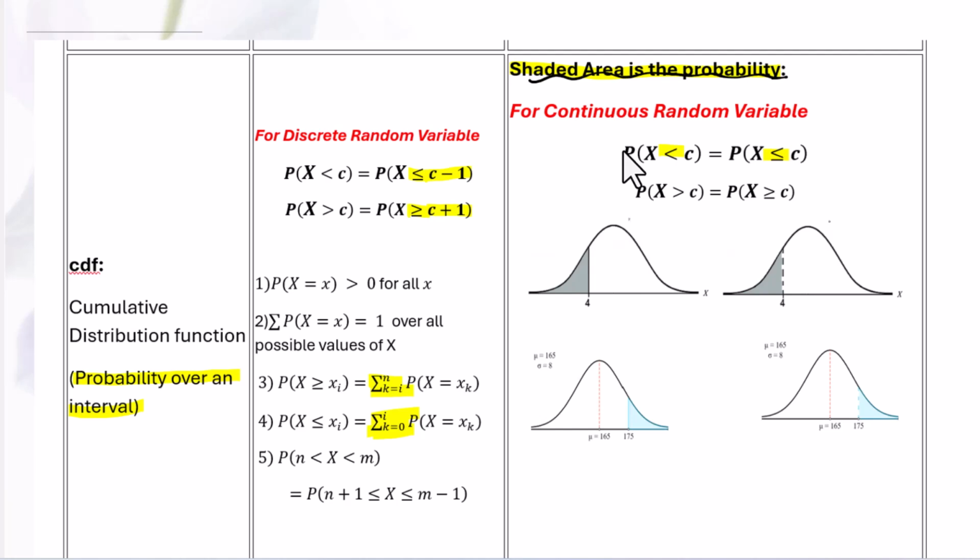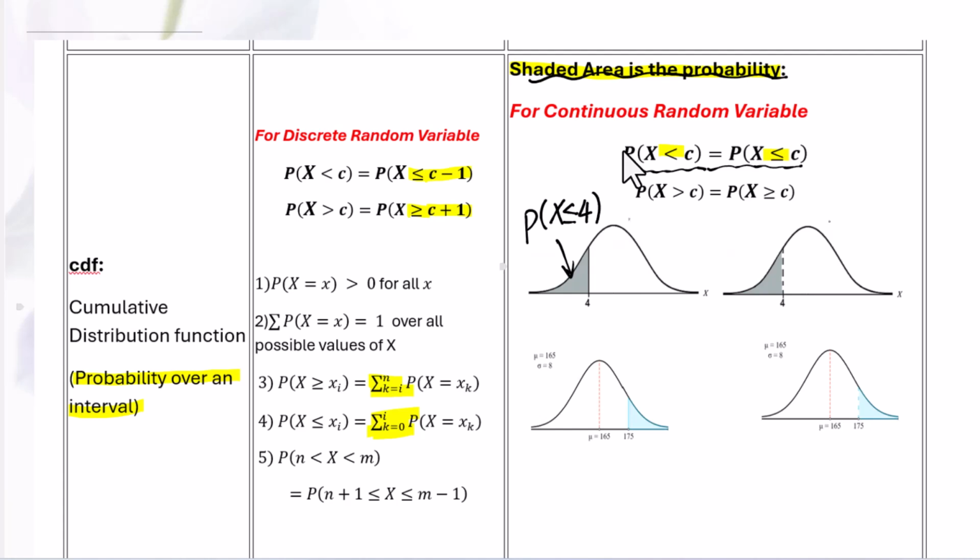So we have the probability of x less than c equals the probability of x less than or equal to c. I'll show you why now. For this normal distribution, the shaded area means the probability of x less than or equal to 4.